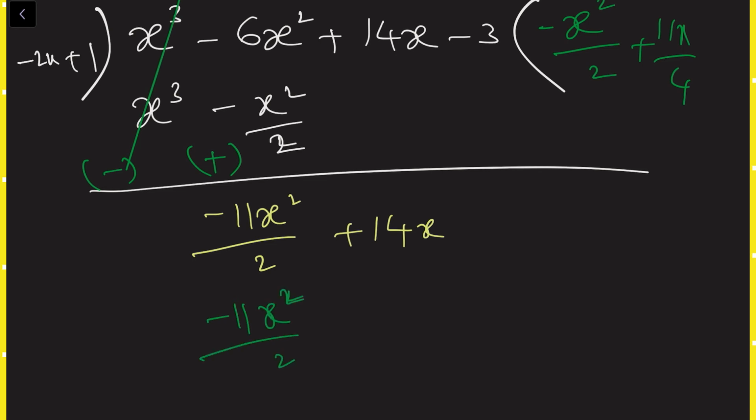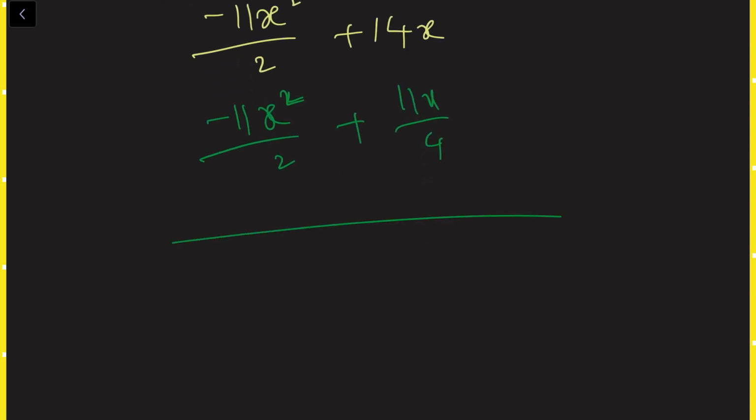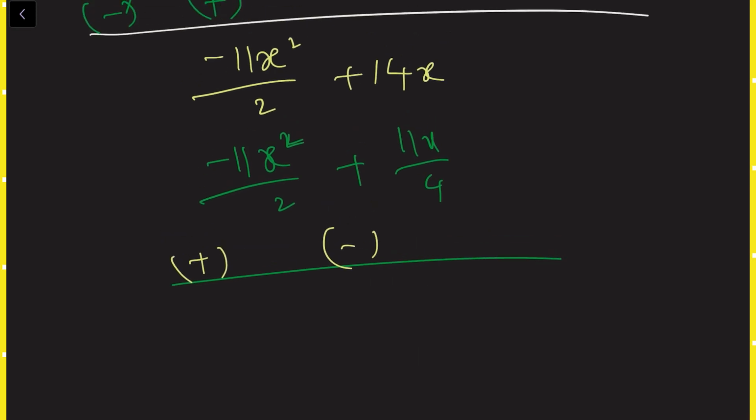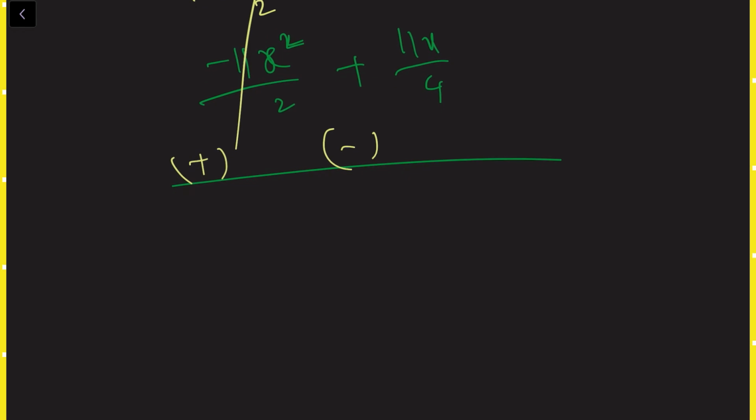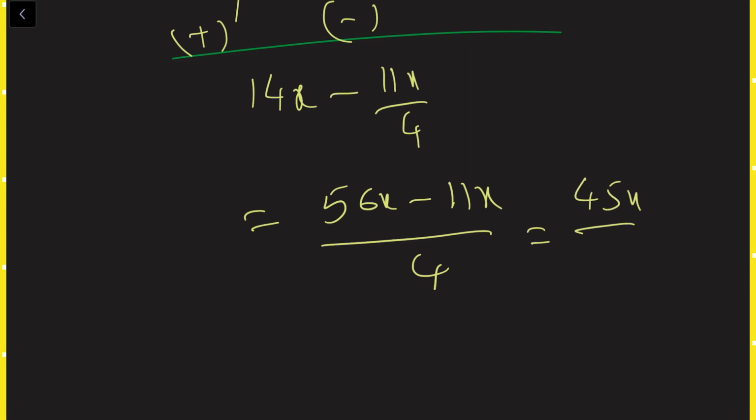Next, plus 1 into plus 11x by 4, plus 11x by 4. Symbols will change, minus will become plus, plus will become minus, these two will get cancelled. Then we remain with 14x minus 11x by 4. 4 into 14, 56x minus 11x by 4. 56 minus 11, 45x divided by 4.